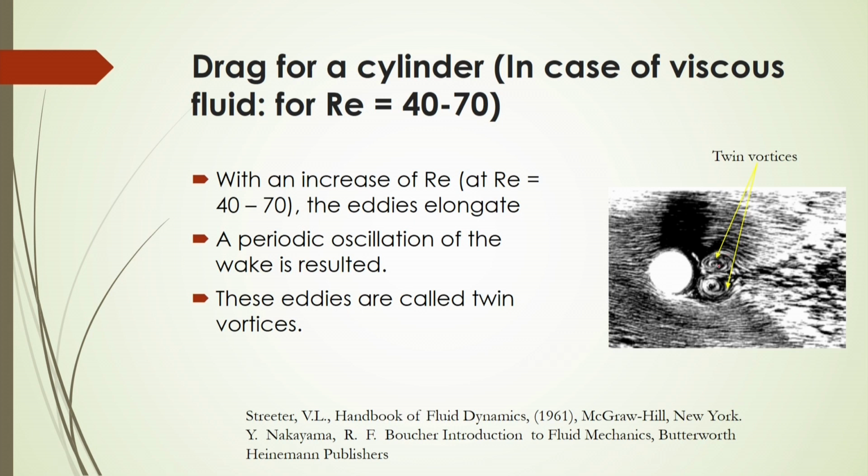Two vortices will be there, almost similar in shape, but the circulation directions will be different from each other, and that is why they are called twin vortices. So, at this Reynolds number eddies will be like vortices, and two vortices will be formed behind this cylinder, called twin vortices.